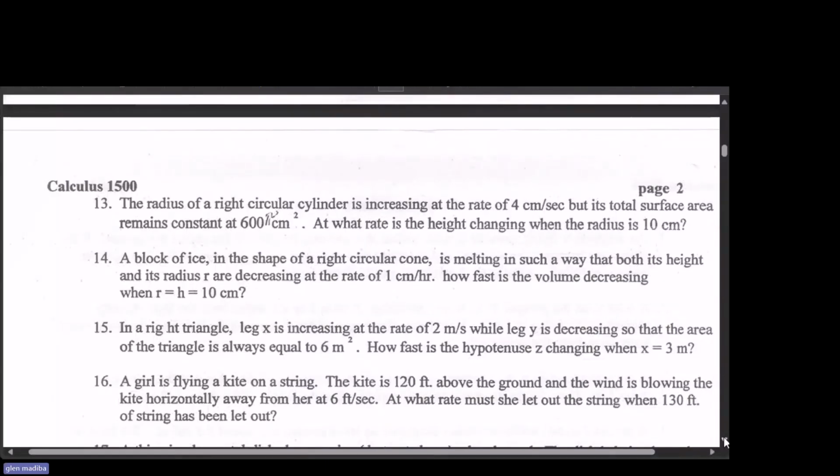What is it that we need to find here? dz over dt, because she's letting go of the string and the kite is at a hypotenuse to her because it's already been blown. So I think the question is asking for dz over dt. Thank you, my brother.